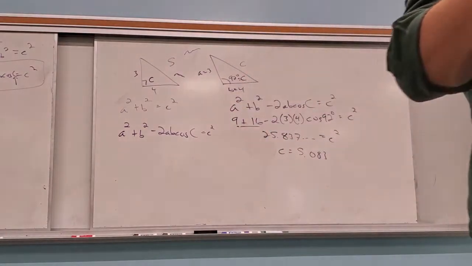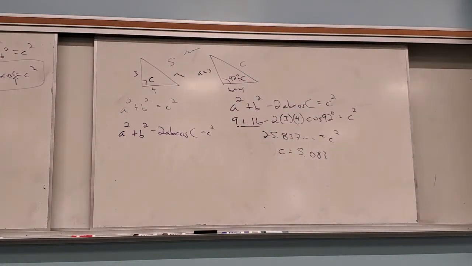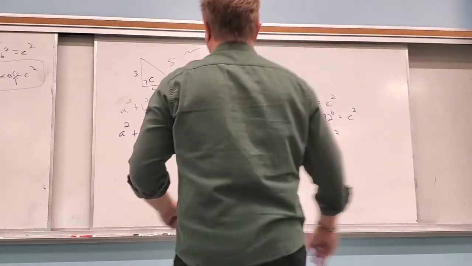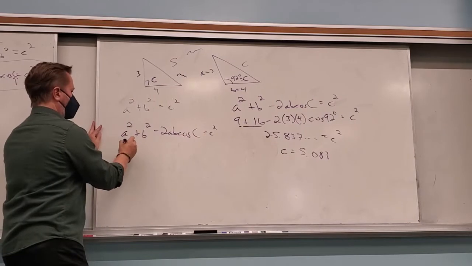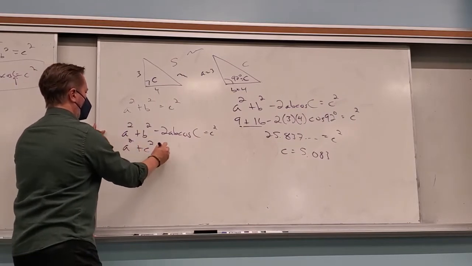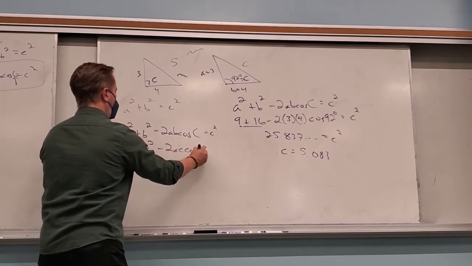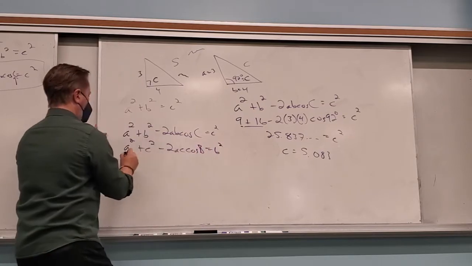The side across from the right angle. But if the triangle is not a right triangle, which side do you call C? Any of them. So it could be this, or this, or this.